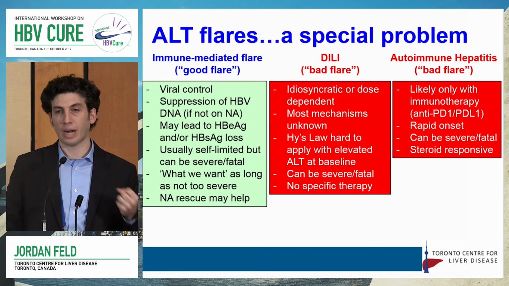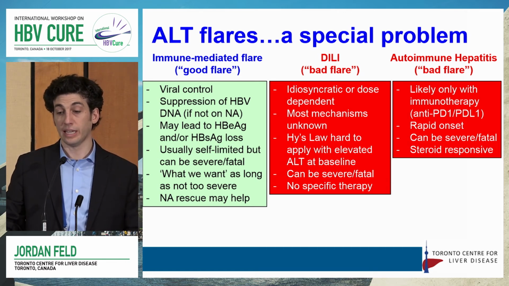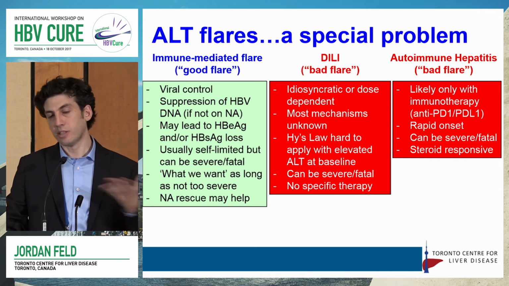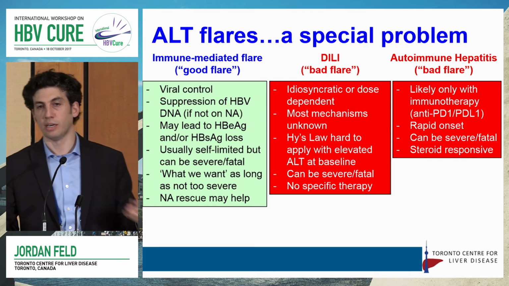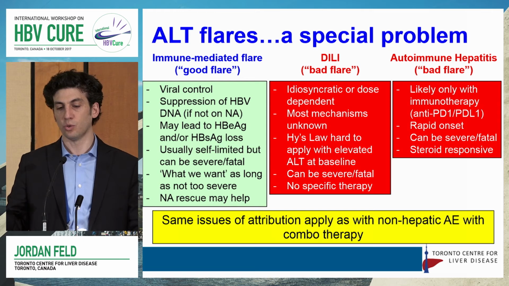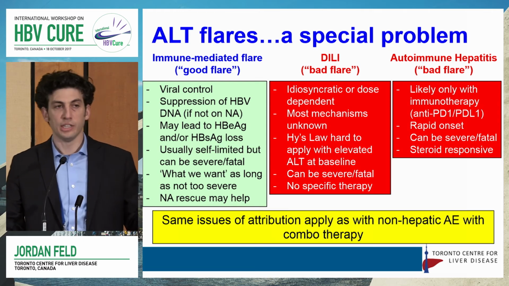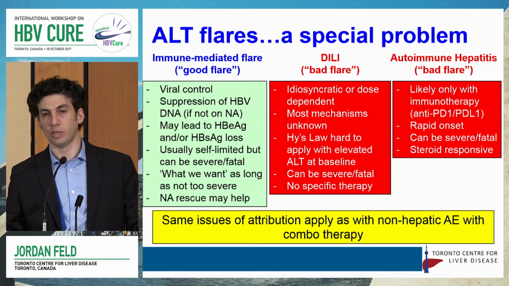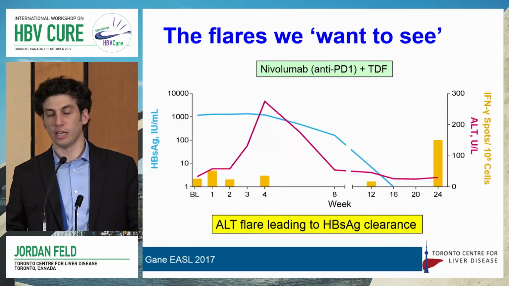These seem to be very rapid onset, at least from the oncology literature, and they can be very severe or even fatal. They're steroid responsive, but that might impair your hepatitis B treatment if that's your goal. And then, of course, the same issues of trying to figure out which drug caused what would apply here as well as to the other scenario.